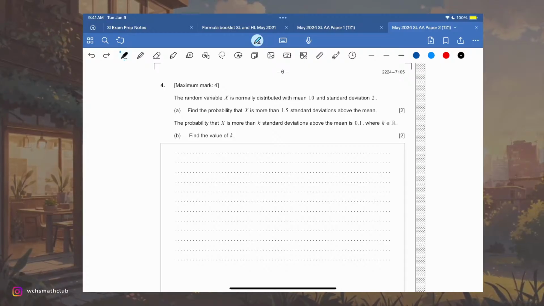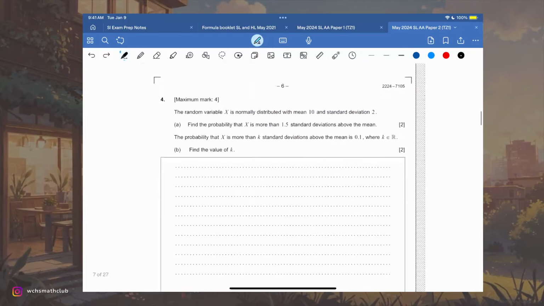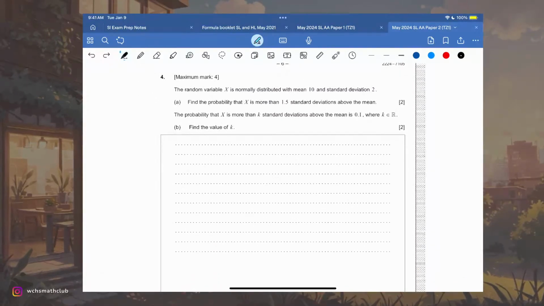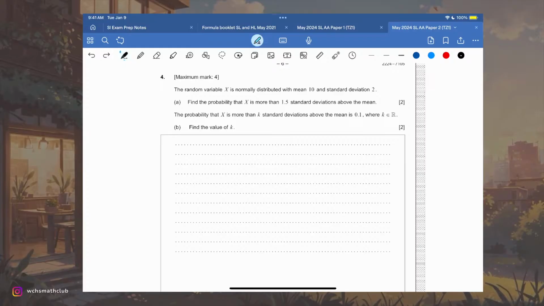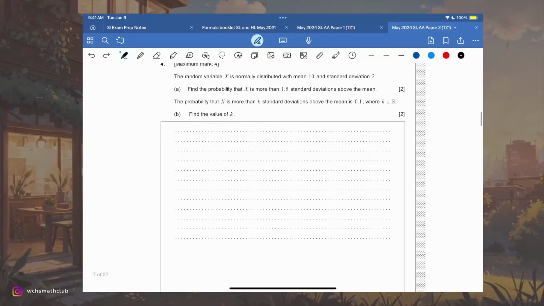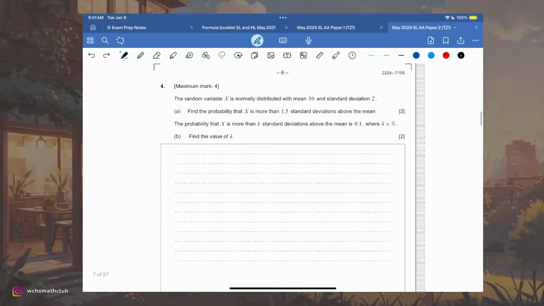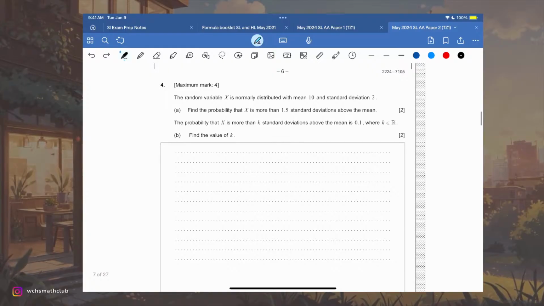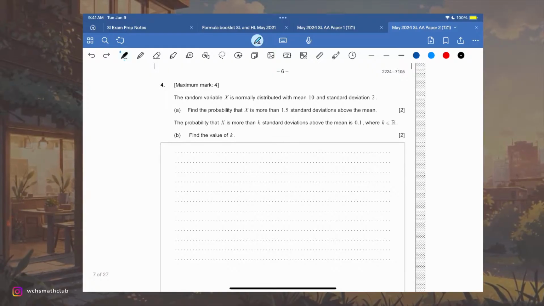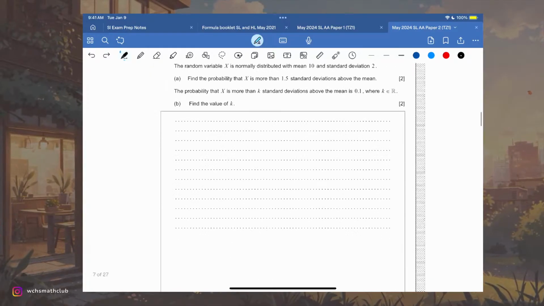Okay, so we are now on question number 4, which states that the random variable x is normally distributed with mean 10 and standard deviation 2. So we can find the probability that x is more than 1.5 standard deviations above the mean.